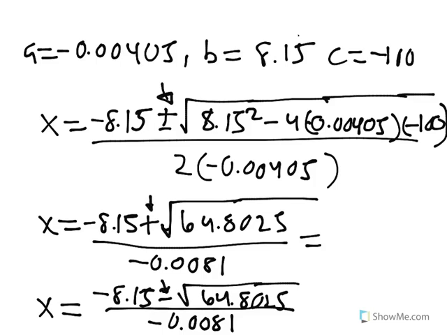And when you simplify these, you get x equals about 12.34. And then for the second solution, you're going to get 2,000 exactly.